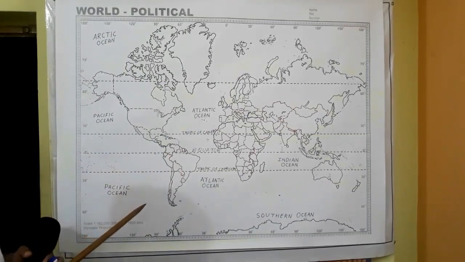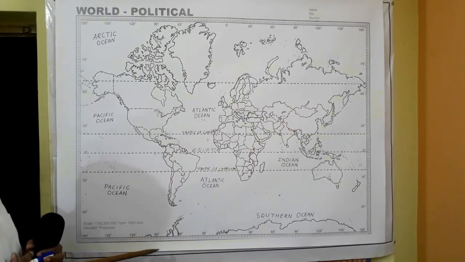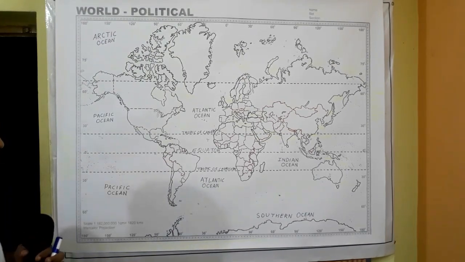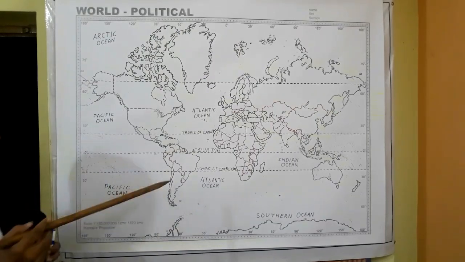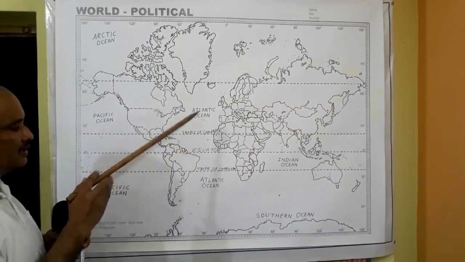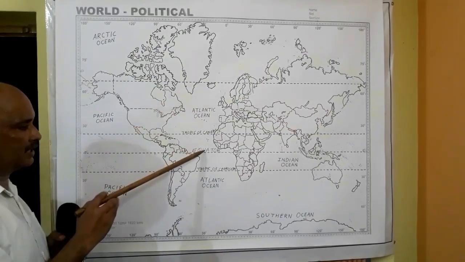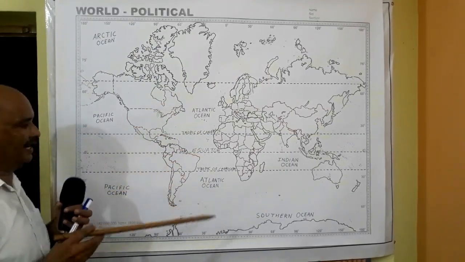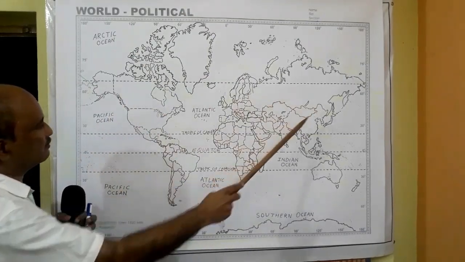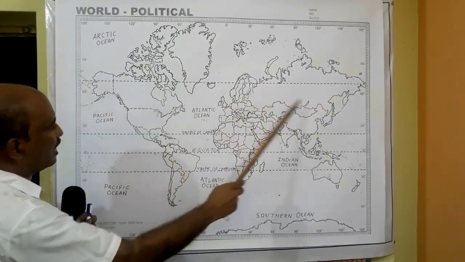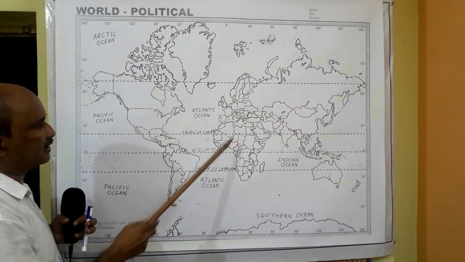Now we can discuss the same continents in different ways. Let us see, if we go by the earlier versions, northern hemisphere and southern hemisphere, in the northern hemisphere you will find much land is above the equator.